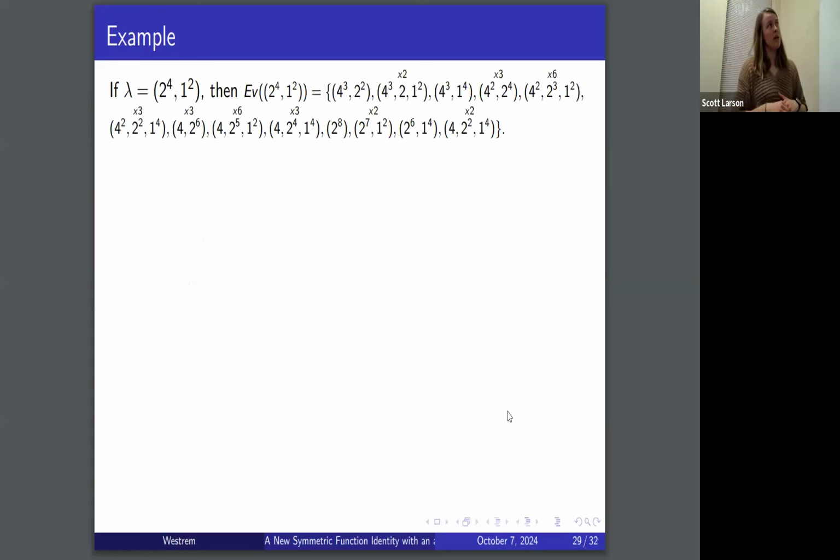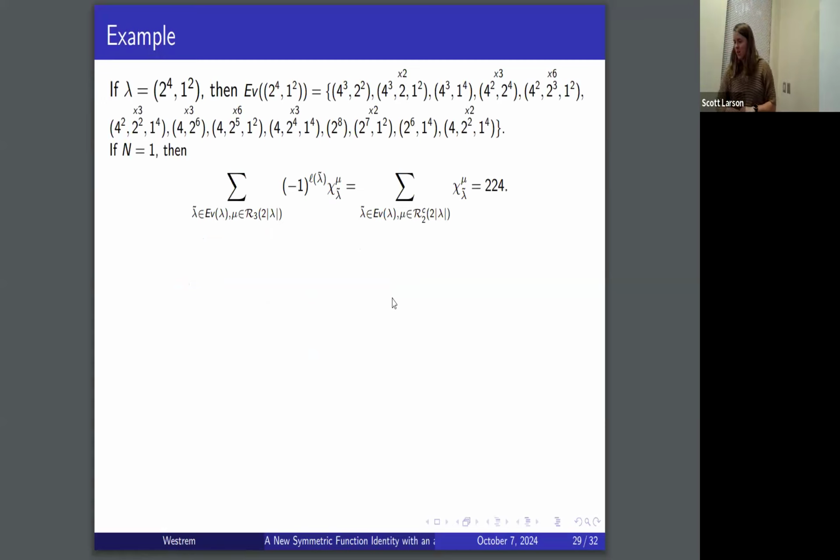Now, let's look at a bigger example. So I won't show you the character table because it would fill up the whole page, but we can get the idea of it. We have higher binomial coefficients happening in here that we have to keep track of. And with our calculation, even the smallest one, n equals 1, they both sum to 224. So somehow these cancellations happen and we get 224.